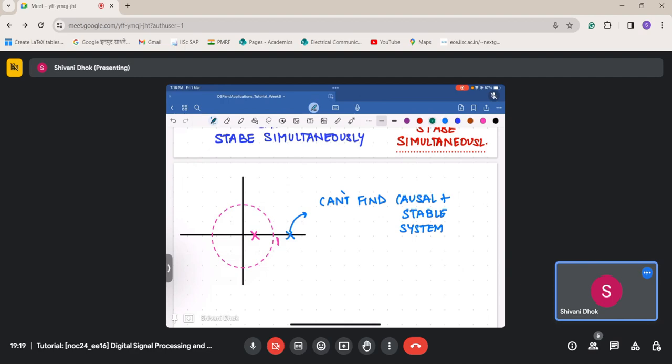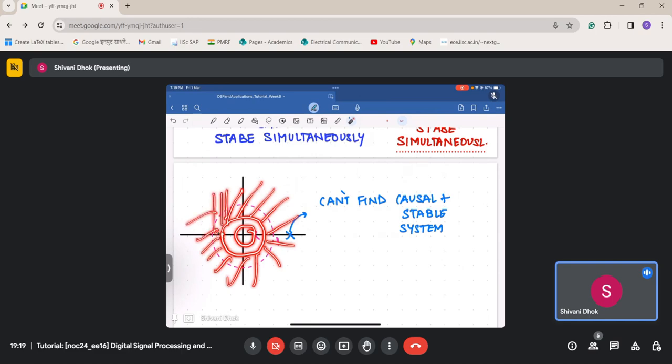Right. Now I still have this pole, and let me add another pole here like this. So now this is inside my unit circle, and the three possibilities will be one we are having here and another here. So the first possibility is this outside region. Now if you observe carefully, here my unit circle is included in my region of convergence.